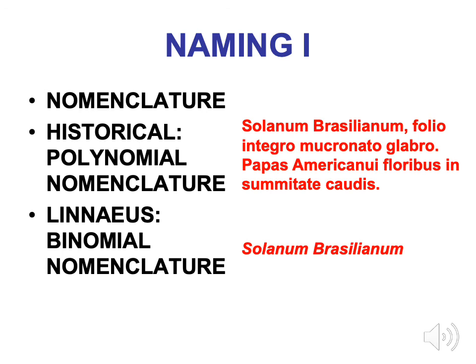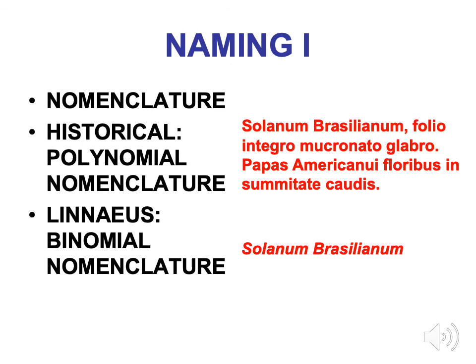Well, this plant has a description written in Latin: Solanum brasilianum, folio integro, mucronato, glabro, pappus amarnacui, floribus insumitate caudis. I am not a Latin scholar, and I've probably massacred that, but it is nothing more than a Latin phrase telling me everything about this particular species of nightshade.